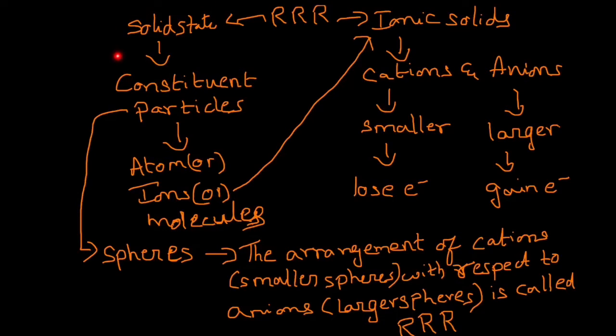In solid state, we consider the constituent particles, and these constituent particles are nothing but atoms, ions or molecules. We assume the constituent particles are spheres. Now, these ions play a very important role in the formation of the ionic solids.